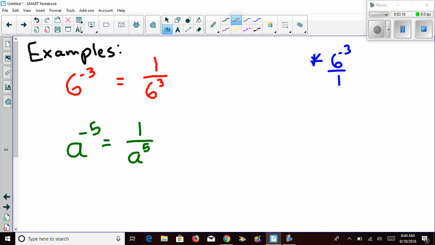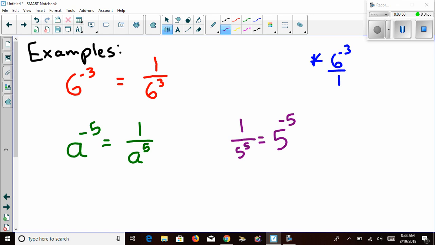You could be asked to do this the other way around. You could be asked to look at, say, 1 over 5 to the 5th, and write that using negative exponents. To do so, since it's on the bottom, you just flip it over and change the exponent to a negative. So you have to be careful with the exponent, and with what the problem is asking you to do.